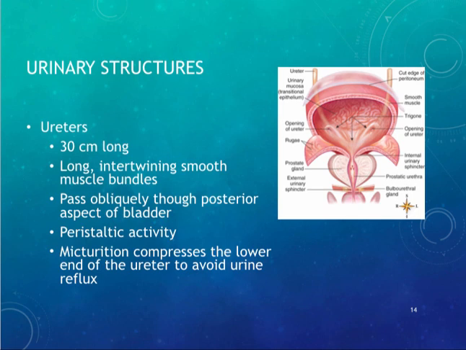It senses the stretch in the muscle of the bladder. Micturition compresses the lower end of the ureter to avoid urine reflux. When patients have reflux, urine can go back up to the kidneys, and they're at high risk for infections. They can end up with pyelonephritis, which is an infection of the kidney.